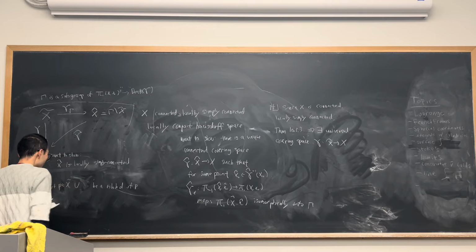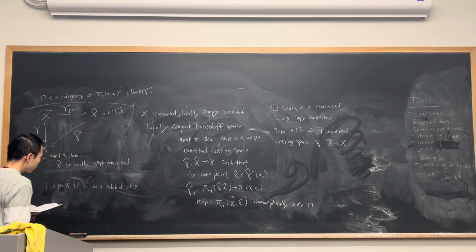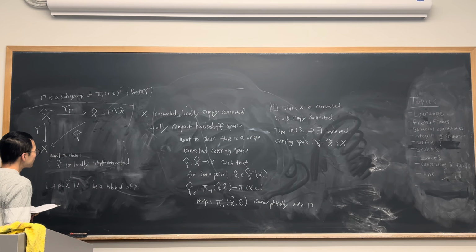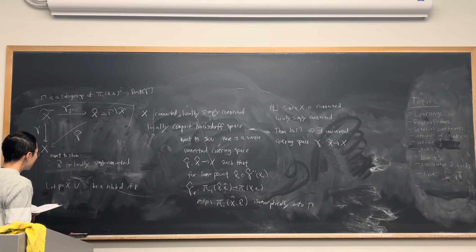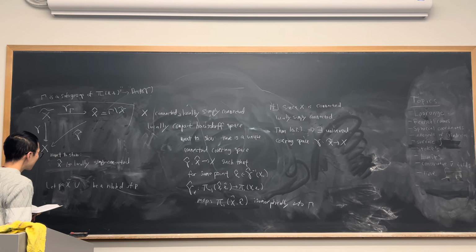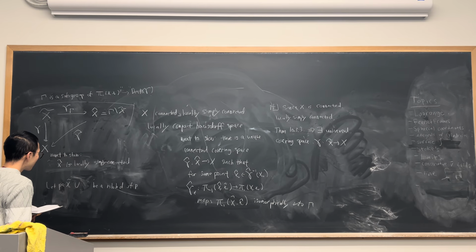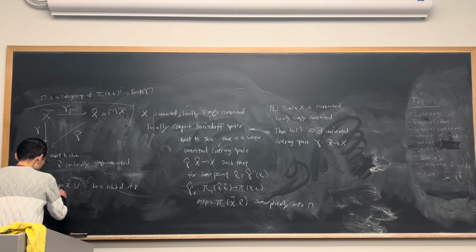Let U be a neighborhood of P. So what we do is, this P is in the X tilde, right?